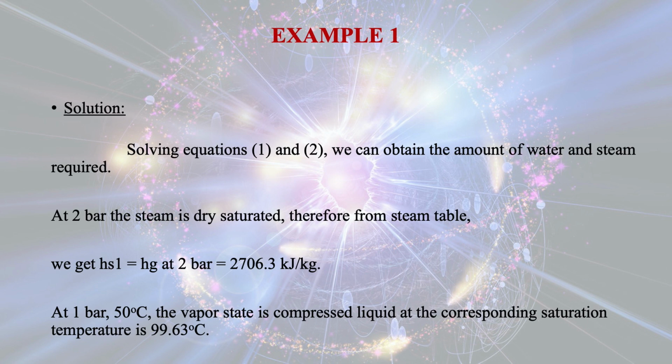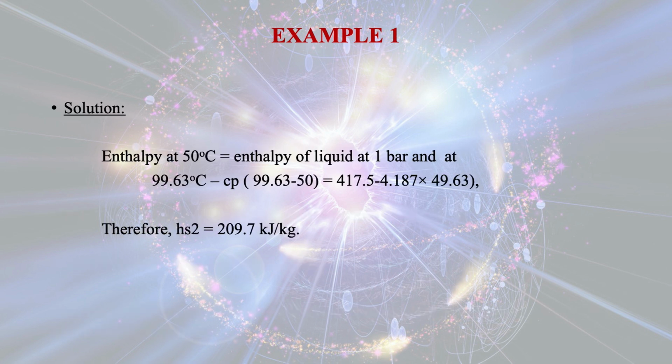At 1 bar and 50 degrees centigrade, the state is compressed liquid, and the corresponding saturation temperature is 99.63 degrees centigrade. So enthalpy at 50 degrees centigrade is equal to enthalpy of liquid at 1 bar and at 99.63 degrees centigrade minus Cp within bracket 99.63 minus 50.